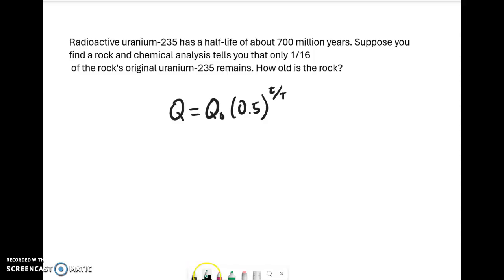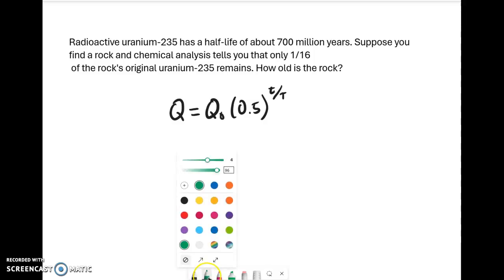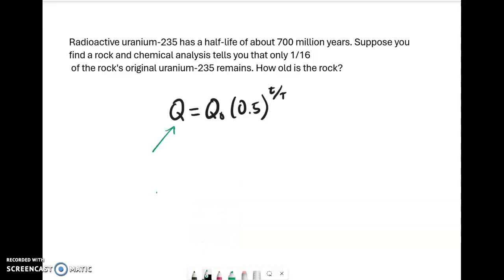And so when we discuss this formula and look at the different parts of it, this is the future amount, what remains. This would be the starting amount. And then we've got a lowercase t, which stands for the time.